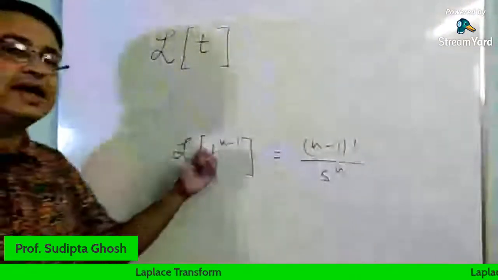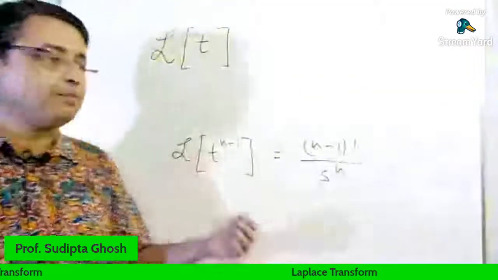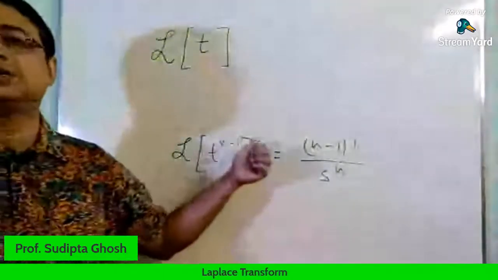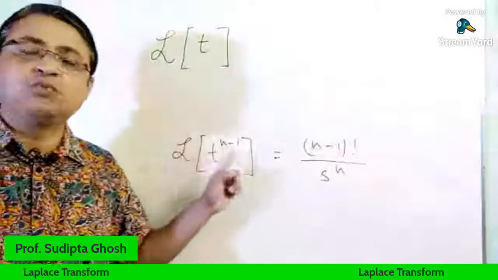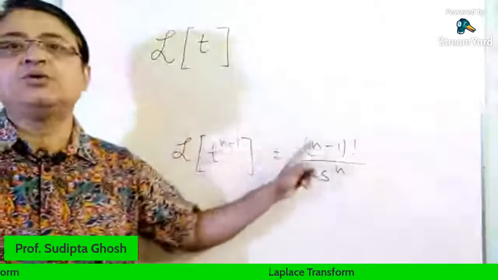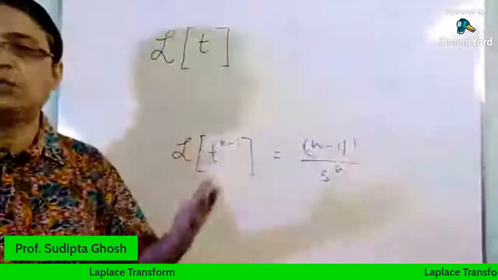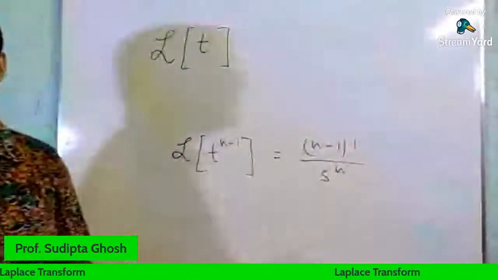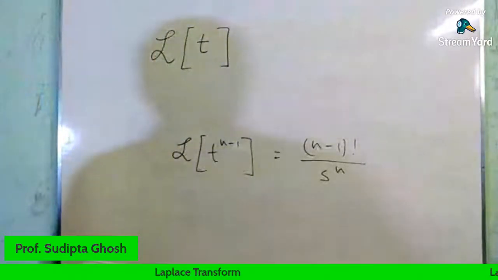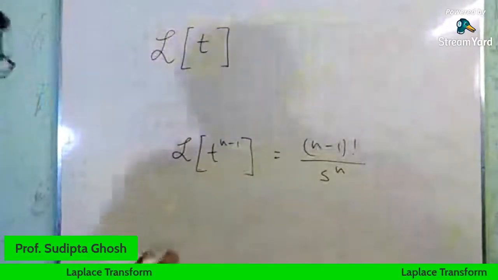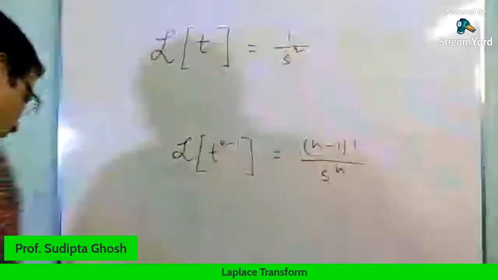Just put n equals 2. It becomes t to the power 2 minus 1, that is t. So the value will be factorial of 1, which is 1, divided by s square. So the Laplace transform of t equals 1 by s square.